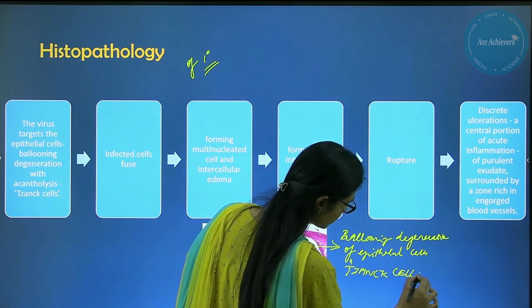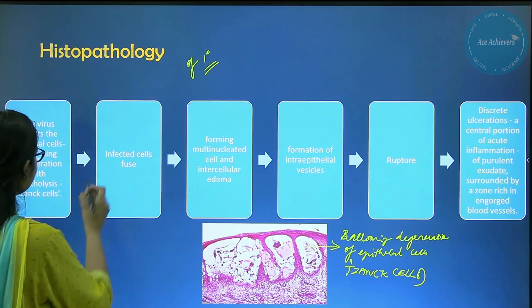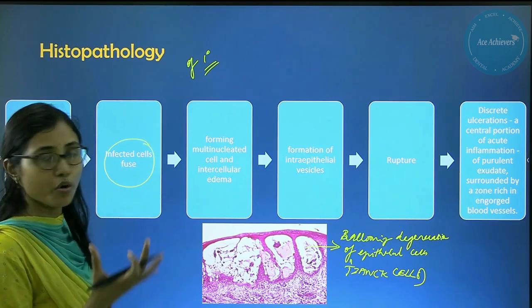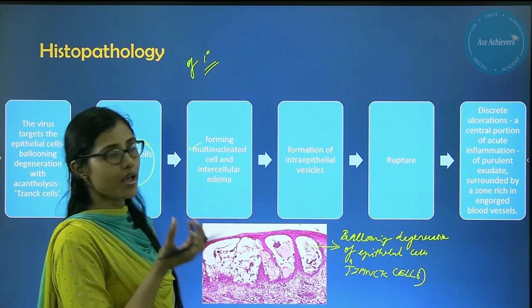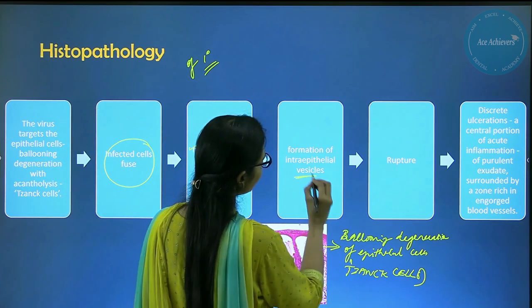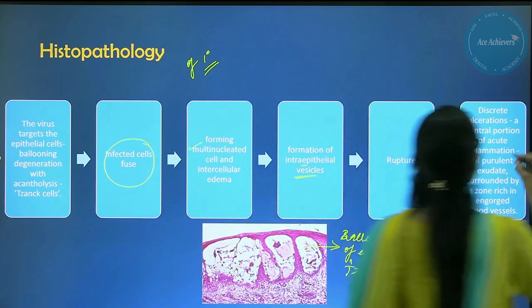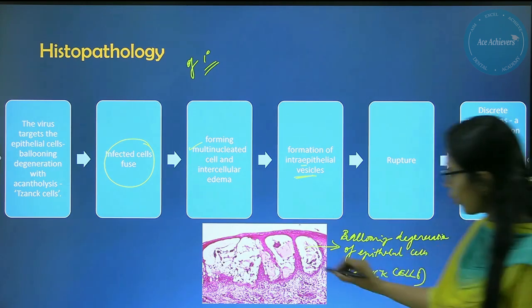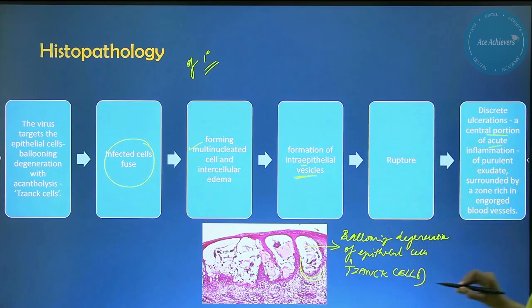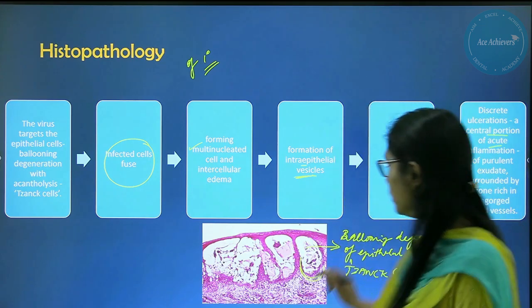There is acantholysis, which means loss of cohesion in the intercellular spaces, and the infected cells fuse together to form multinucleated cells. With intercellular edema, this leads to the formation of intraepithelial vesicles. When these vesicles rupture, they form discrete ulcerations with a central portion of acute inflammation and purulent exudate, surrounded by a layer of engorged capillaries. This is how the lesion progresses, and this histopathological view shows the classical clinical feature of primary herpetic gingivostomatitis with vesicle formation.